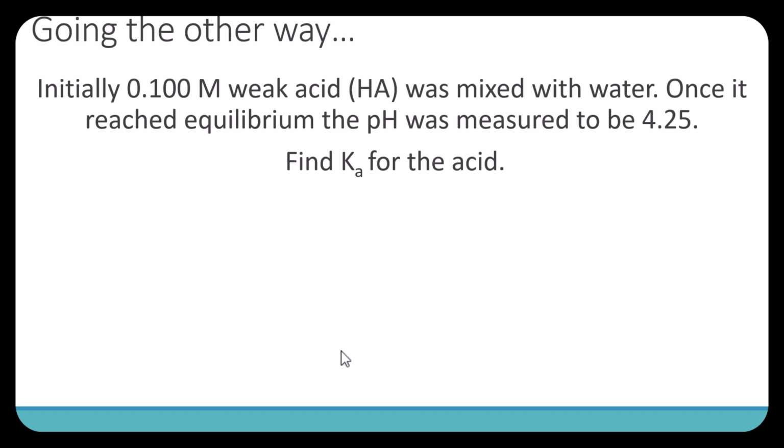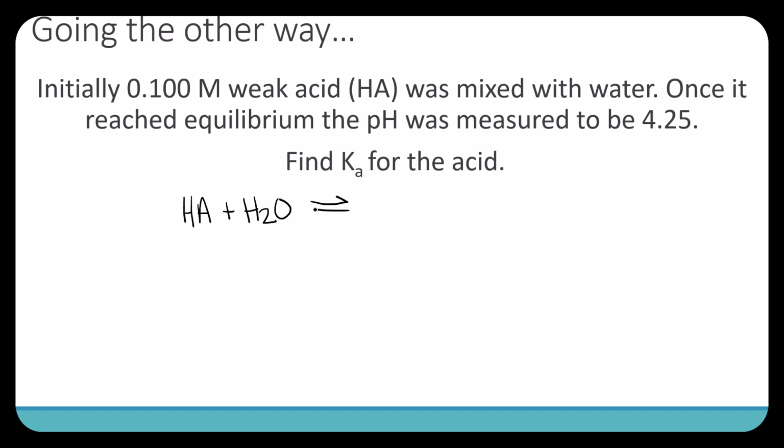So let's start with the things that we've been doing, the things that we know how to do. So first, I see this as a weak acid. Let's go ahead and write the balanced chemical equation for this. In this particular example, they're just using the generic HA for weak acid, and it was mixed with water.